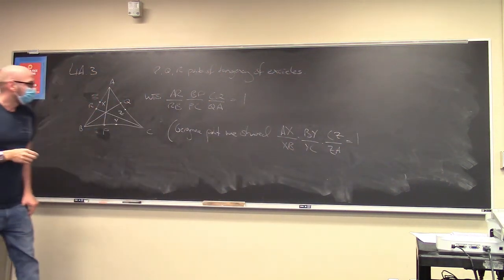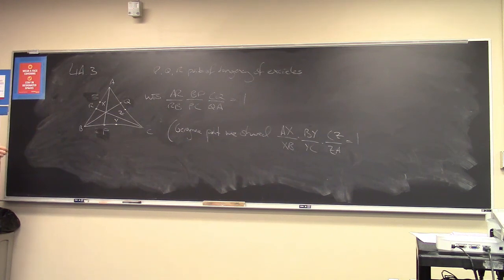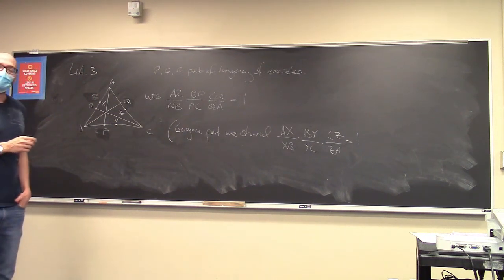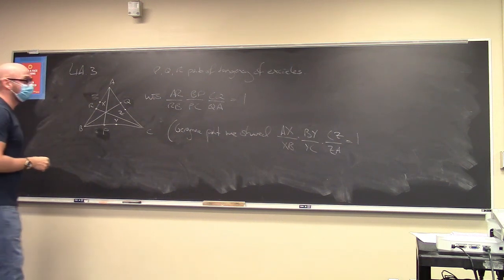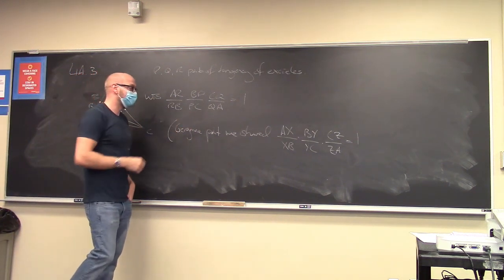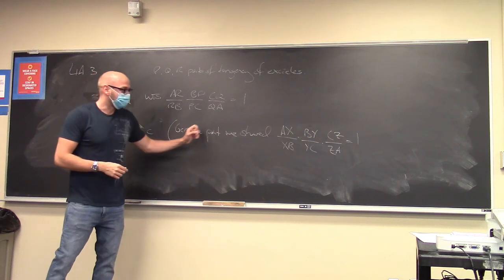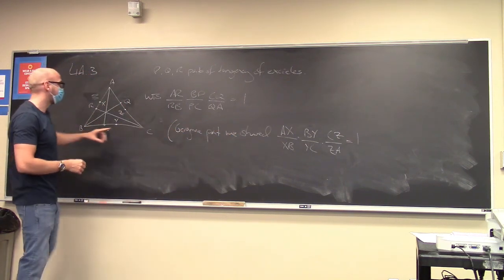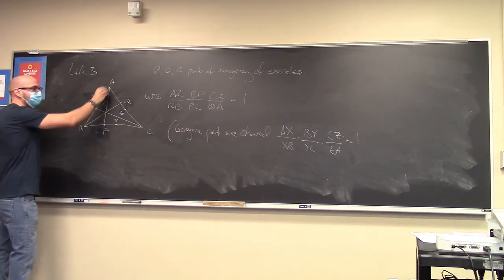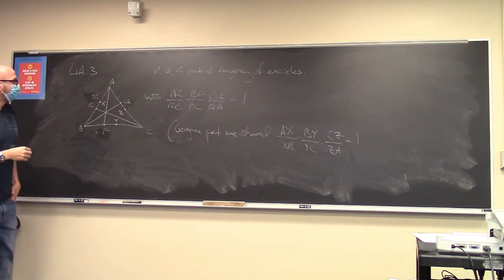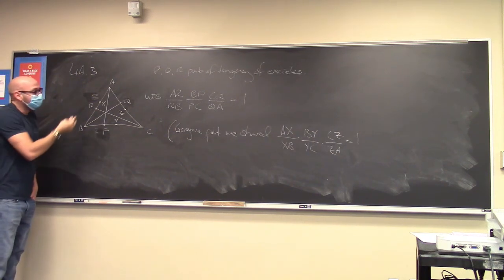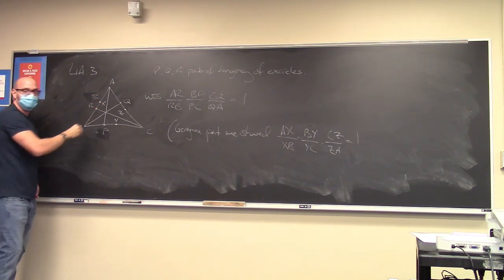And how did we do that? Do you remember how we did that? It was really easy. Proving the Gergonne point existed was super, super easy because for these points of tangency of the incircle, we know these distances. Not only do I know the distances, but more importantly, I know how they relate to each other.